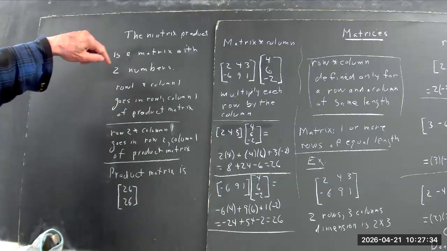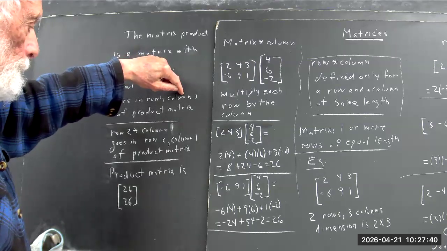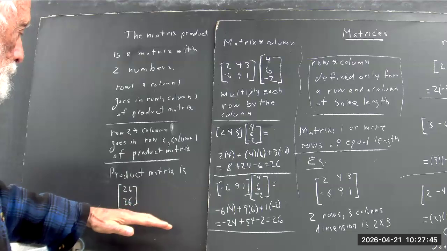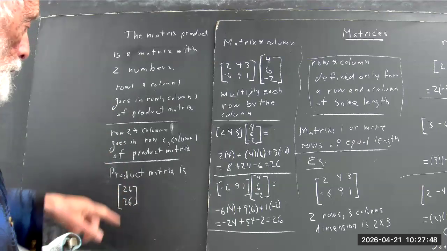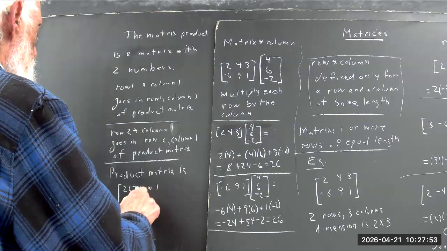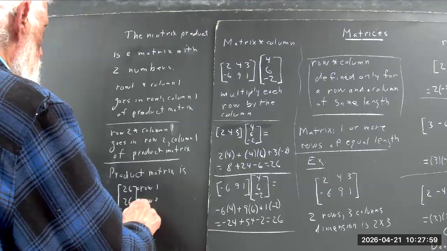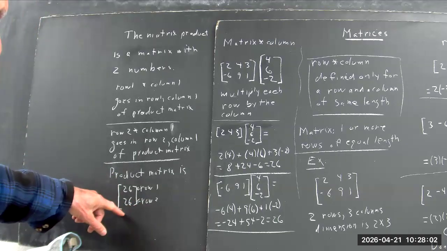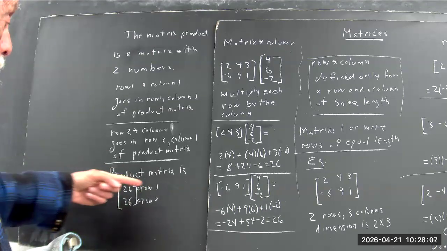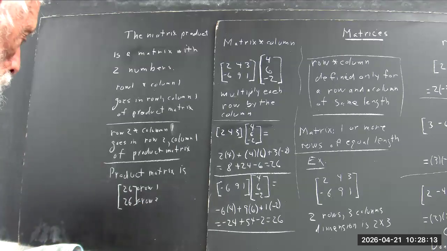Does that fit the pattern? We say row one times column one goes in row one, column one. Okay. Here's a matrix. Here's row one. And here's row two. And here's column one. Okay. So this is row one. To the column matrix, 26 above, 26 below. Row one is a very short row. It has only 26 in it. Row two, very short row with only coincidentally 26 in it.